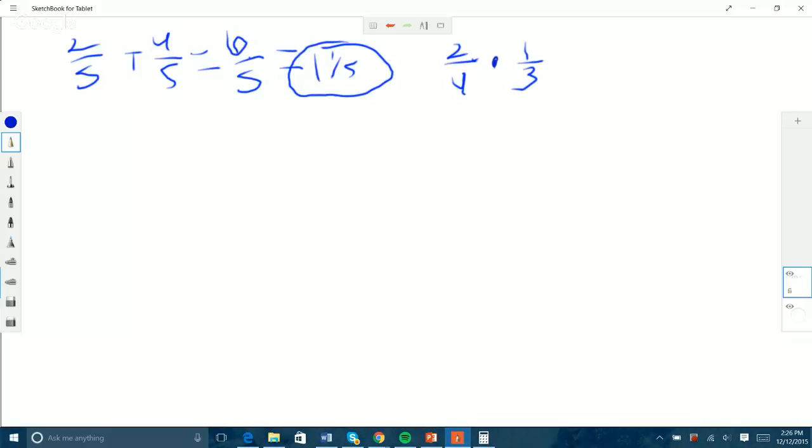So instead, you can go across. So that's 4 times 3, and that is 12. And 2 times 1 is 2. So you have 2 over 12. But some teachers might ask you to simplify. And that's going to be 1 over 6, because 12 divided by 2 is 6.